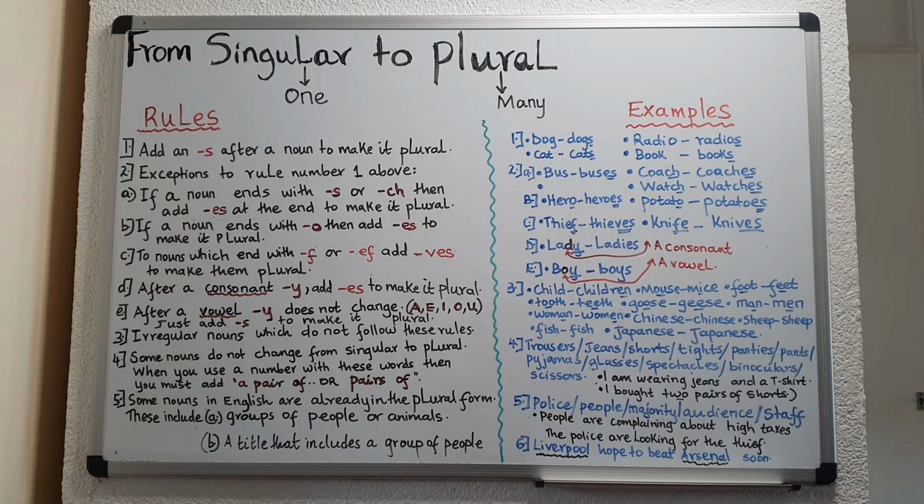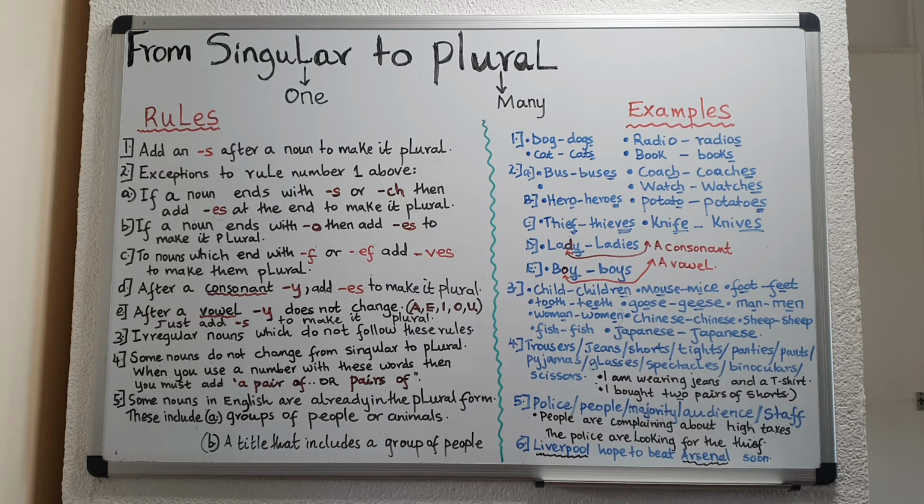So, to change it from singular to plural, we simply add an S. But remember, if the noun ends with a Y, but the letter just before the Y is a consonant, then you have to add IES. Remember, we have the English alphabet from A to Z. And out of those letters in the alphabet, we have 5 vowels. And all the rest of them, we call them consonants.